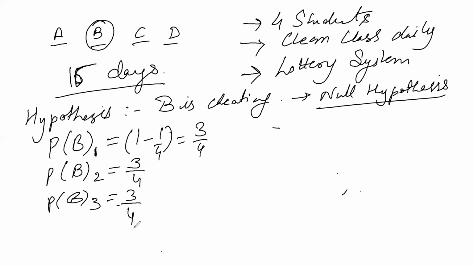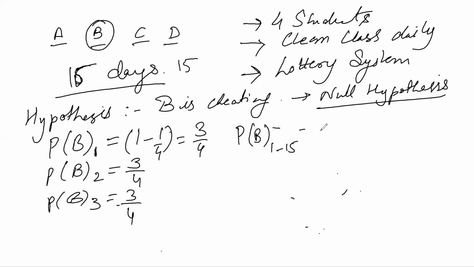Now what is the probability of B not getting selected for, let's say, 15 days, right? So B is not selected for 15 days. What is the probability of B not selected from day 1 to day 15?